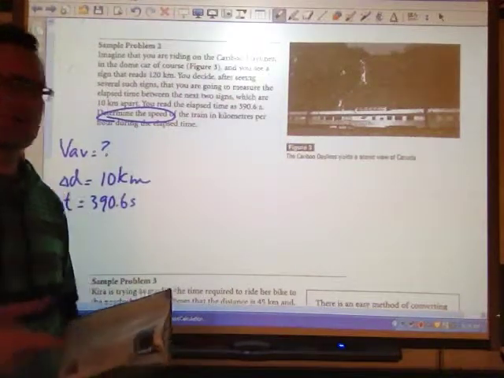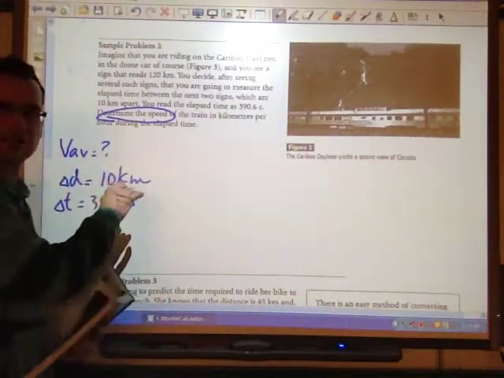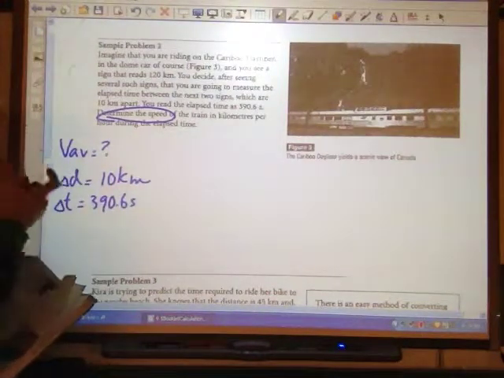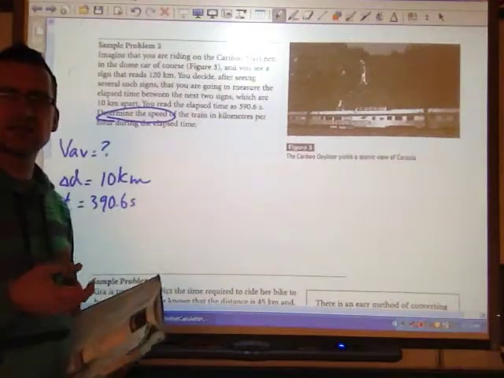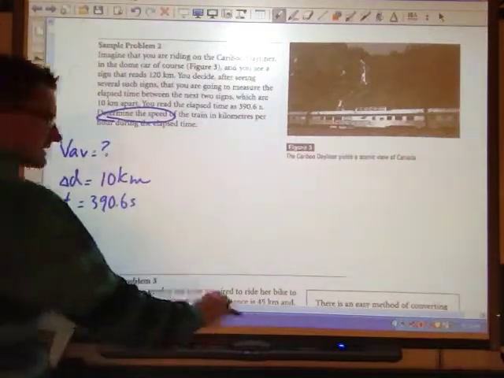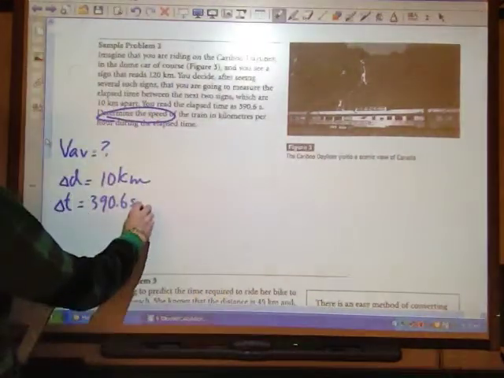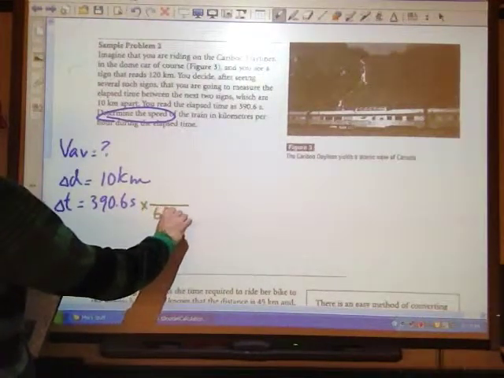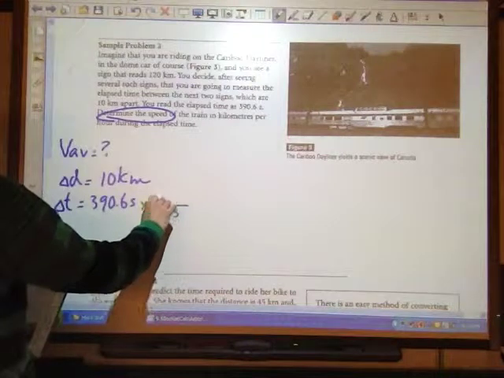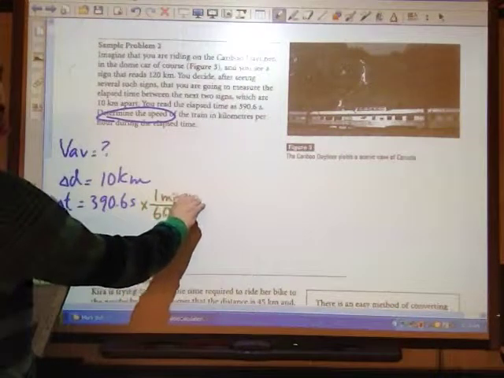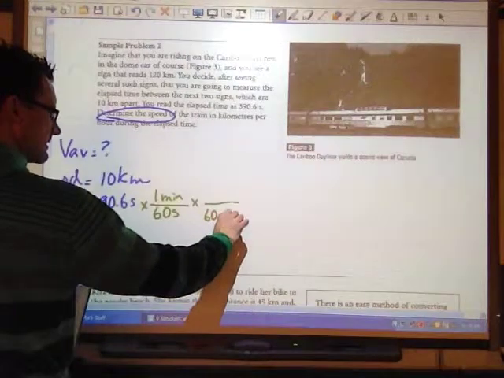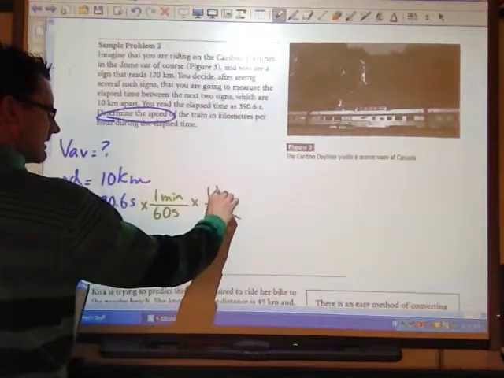Now this is kind of a tricky one because our distance is in kilometers, but our time is in seconds. So there's a few different ways you can do this. Likely the easiest way is to convert this seconds unit into hours. So we know that there's 60 seconds in 1 minute, and we know that there's 60 minutes in 1 hour.